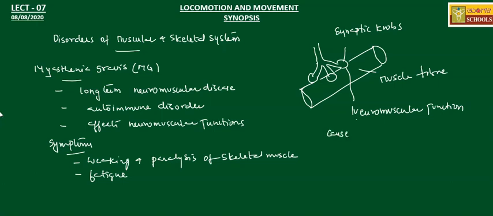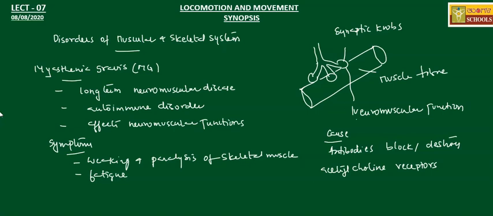What could be the cause here? The cause for myasthenia gravis is that antibodies will block or destroy acetylcholine receptors at the junctions between the nerve endings and muscles.